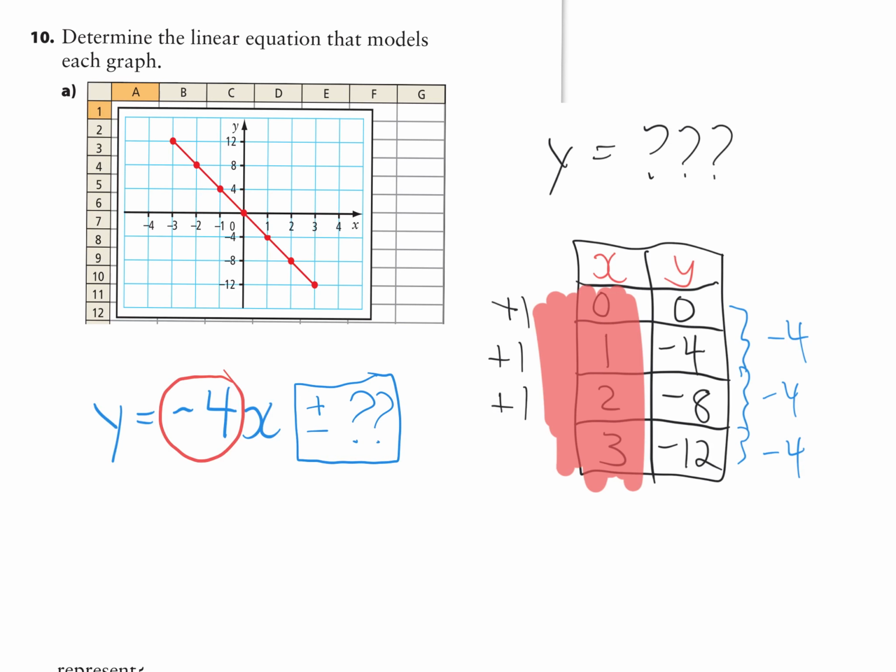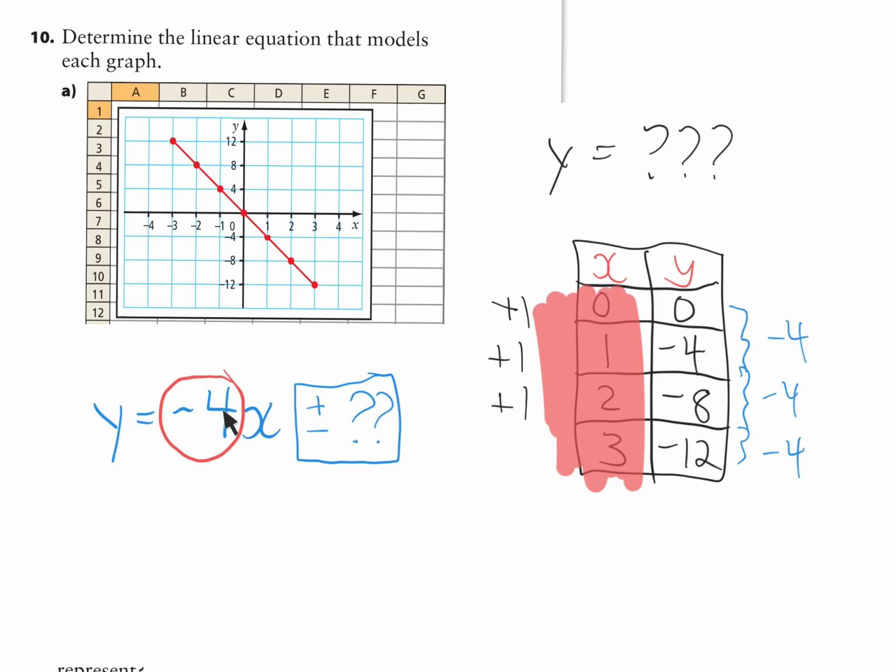Sometimes you can have a graph that is simply y equals negative 4x. But let's make sure there's no constant, which is what we call something hanging on the end. If I put an x value of 0 in here, this would be negative 4 times 0, which equals 0. I think we're good there.